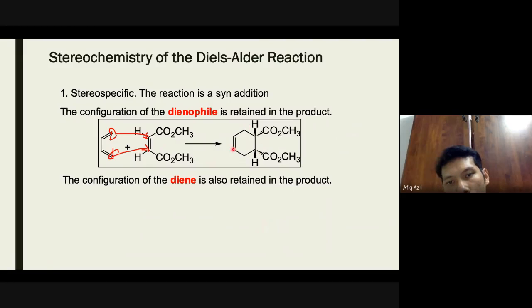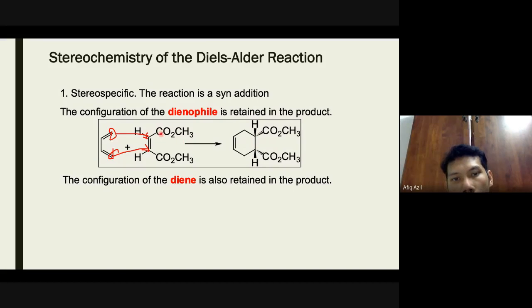Once it is drawn in a cyclic form, it cannot be right or left. If you still remember, you played with the models, it is either in axial or equatorial position, either pointing up or pointing down to the side. So this hydrogen must be pointing toward the same direction. If it's on the right, it points upward.